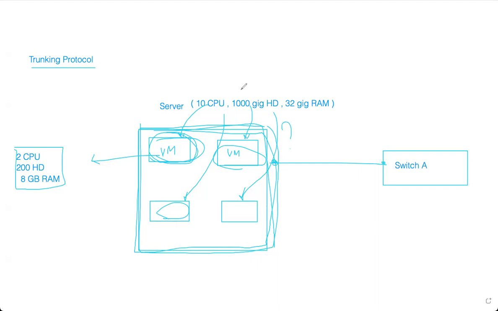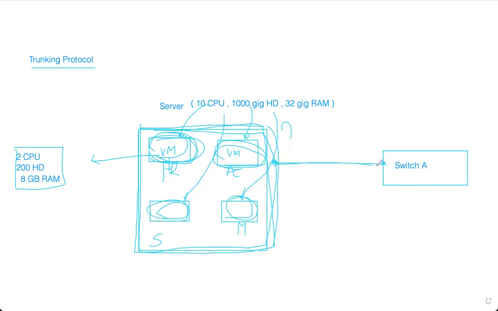And for some reason, we wanted to allocate this VM to the HR department, this VM to accounting, this VM to sales, and this VM to marketing. So we are separating these VMs in terms of their requirements or their departments, right?